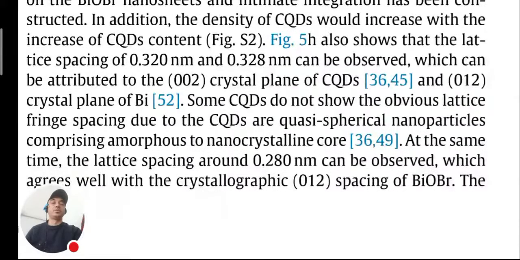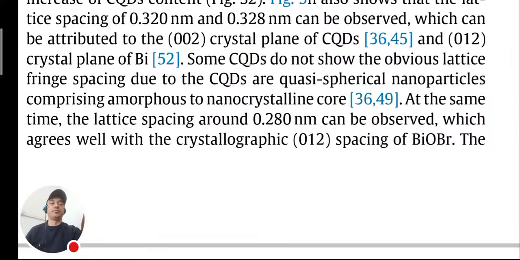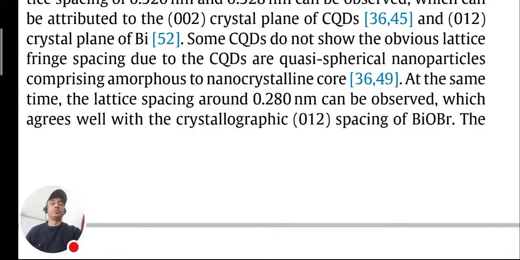Some carbon quantum dots do not show observed lattice fringe spacings because the carbon quantum dots are quasi-spherical nanoparticles comprising amorphous and nanocrystalline cores. At the same time, a lattice spacing of about 0.28 nanometer can be observed, which agrees well with the crystallographic 012 spacing of BiOBr.